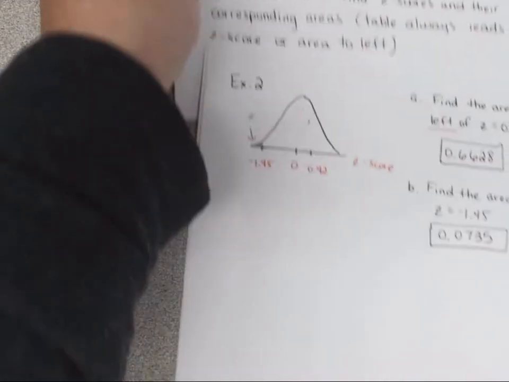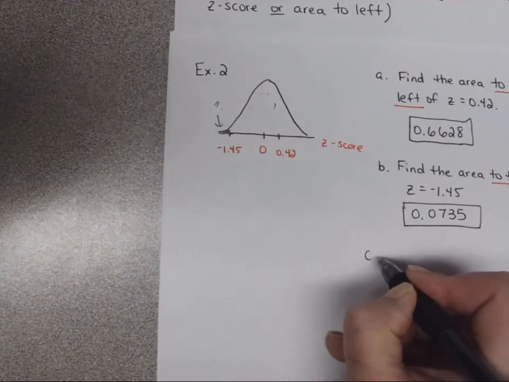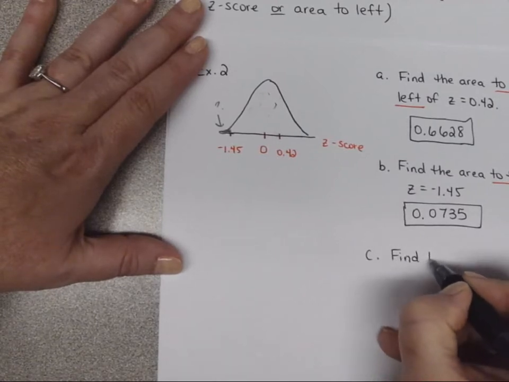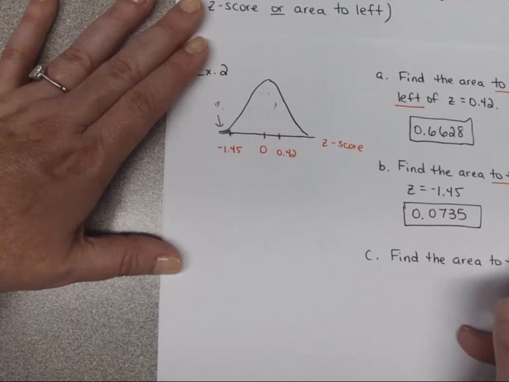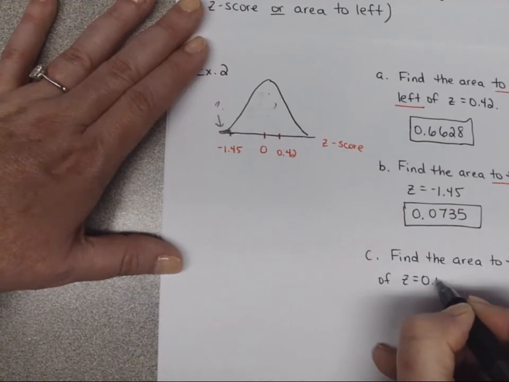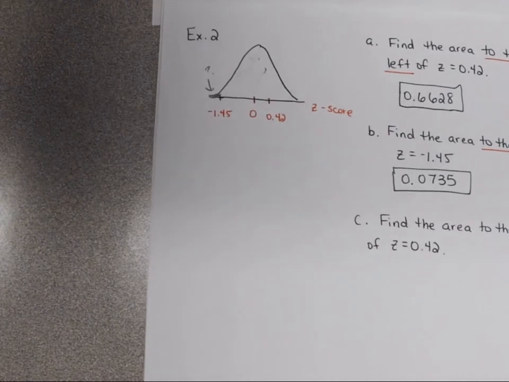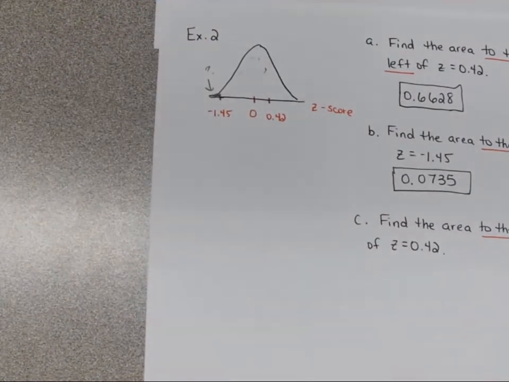Okay, so let's switch it up. What if I asked you about some of these values to the right? Notice the chart's always going to read to the left, so how can we figure out areas to the opposite side? Well, if you remember that the area under the whole curve is 1, then you should be able to use the rule of complements that we use for probability. So I asked you for the area to the right of 0.42.